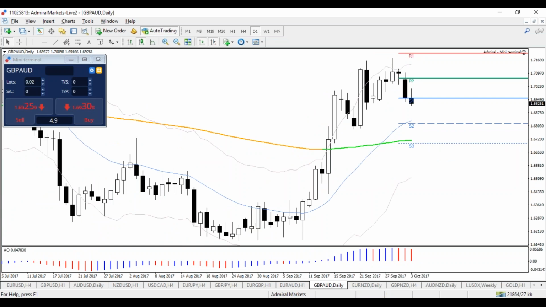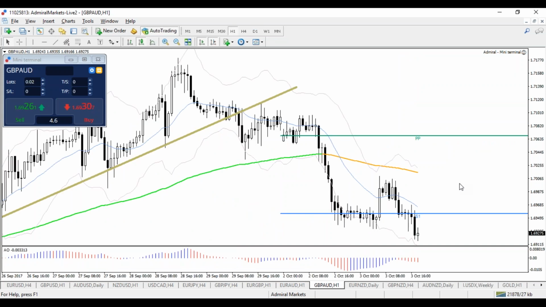Pound yen is breaking the support, and potentially through the S1. So more downside could be maybe expected from the pound yen. Problem is that it's actually making a lower low right now. Let's put on the Wiz tool for this one.